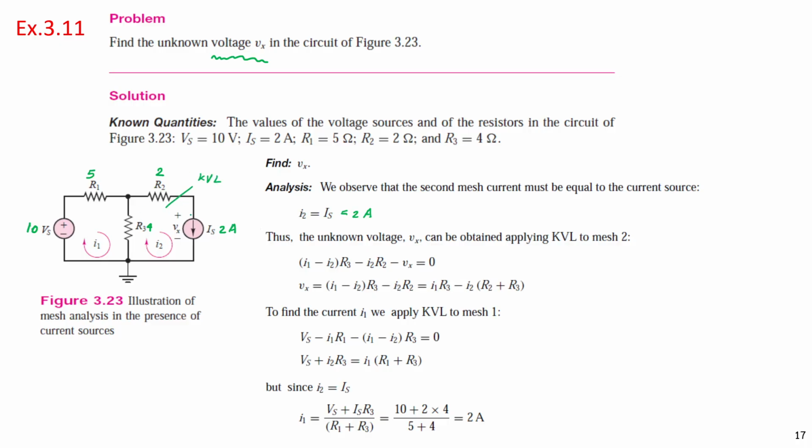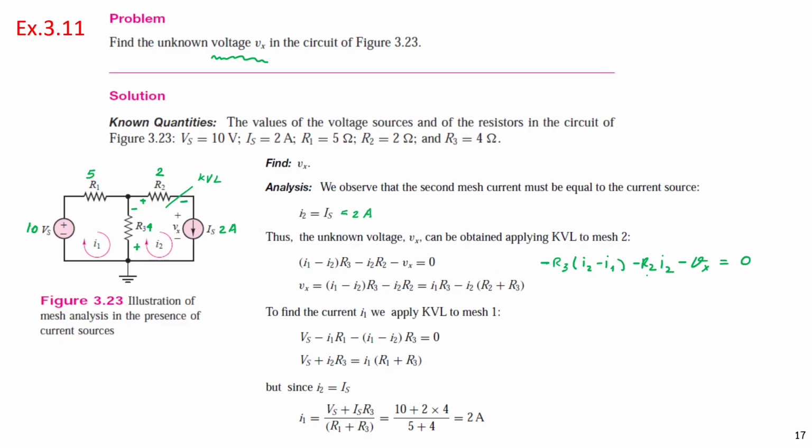Taking KVL around this loop, with these polarities, we get: minus R3 into I2 minus I1, minus R2 into I2, minus Vx equal to 0.